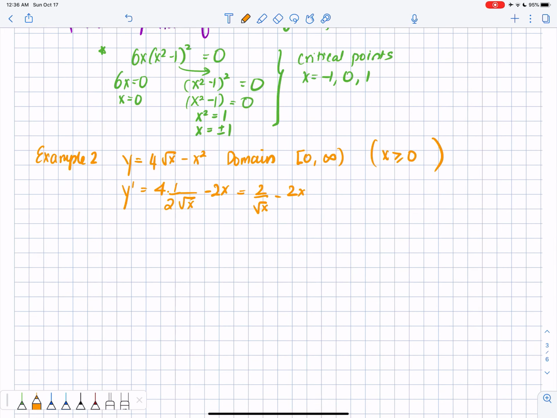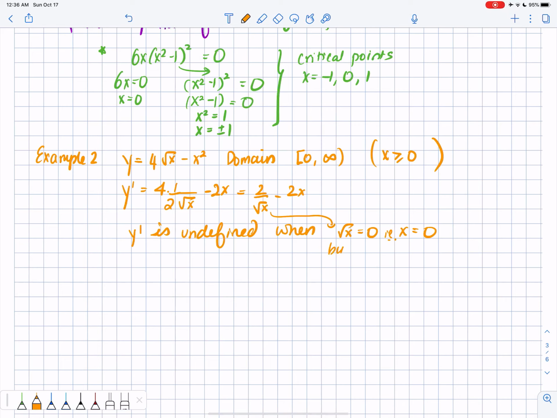You have that y prime is undefined when you have a division by 0, so square root x is 0, so that x equals 0, right? Okay, but is x equals 0 a critical point?